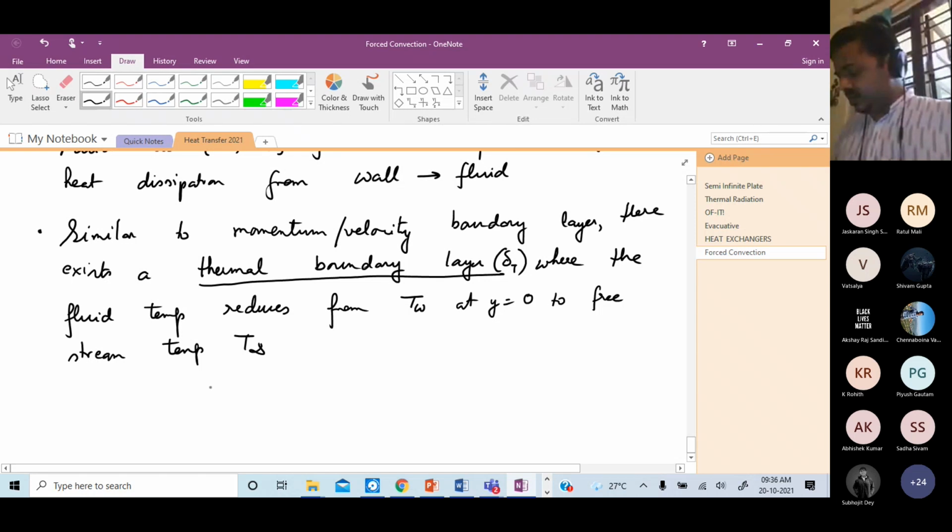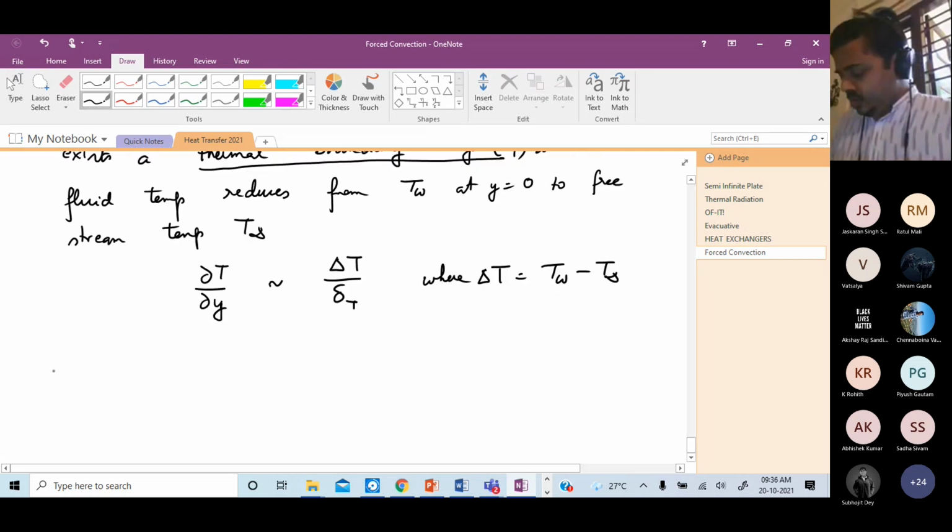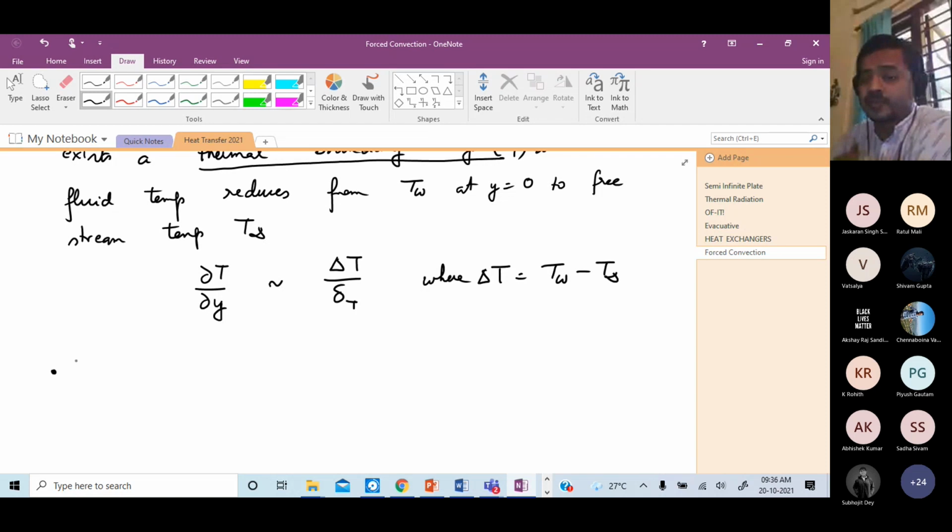So over this boundary layer, what happens? Del T del Y. The scale says delta T over, okay. All right. Now similar to what we did for flow over a flat plate, here also we have the same assumptions of boundary layer theory.